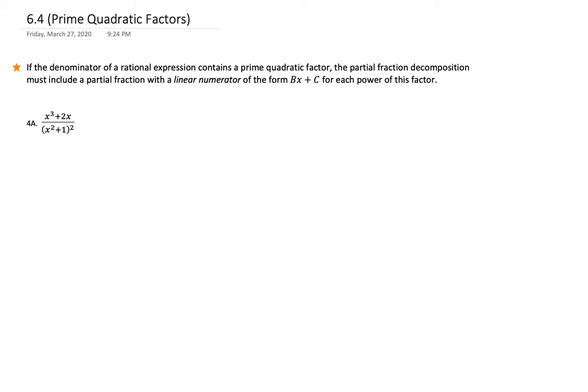Okay, so when I look at my denominators, we can't factor this down anymore. This is it. This is your prime quadratic factors. So what you have is an x squared plus 1, and then you also have an (x squared plus 1) squared.